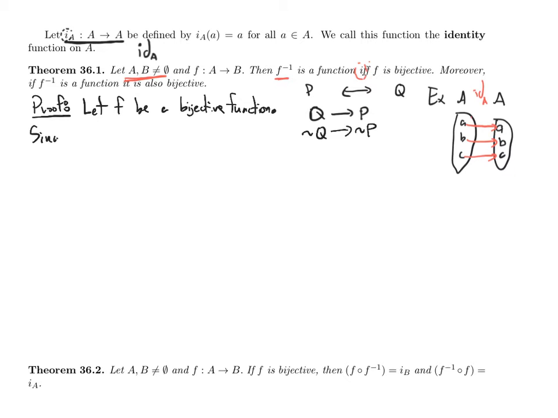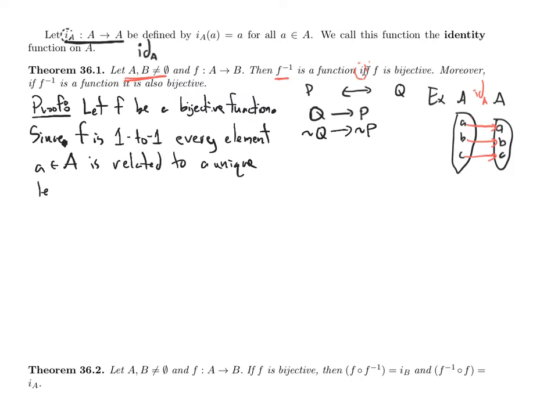So since f is one-to-one, every element A in A is related to a unique element in B, and let's call it f of A.